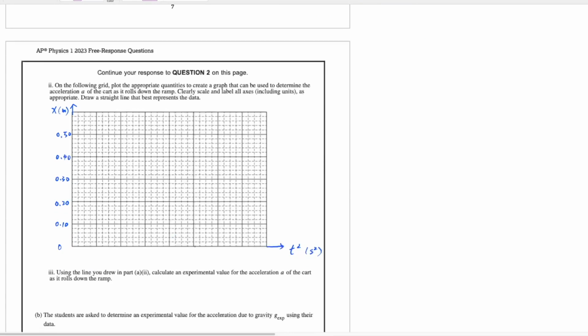So here is 0.2, 0.4. Let's just use 2 sig figs: 0.4, 0.6, 0.8, 1.00, 1.20, 1.40.